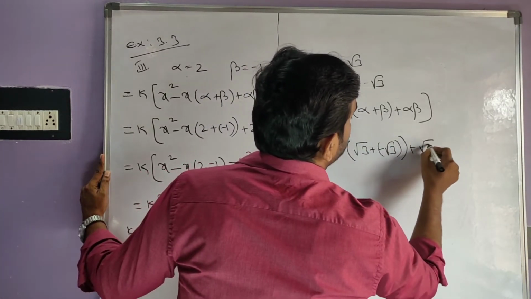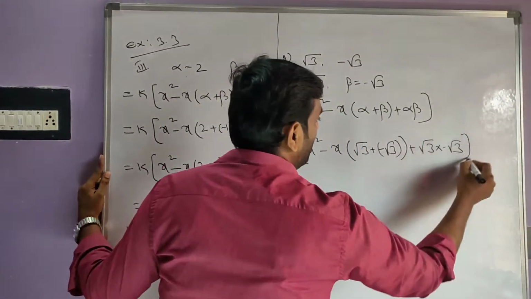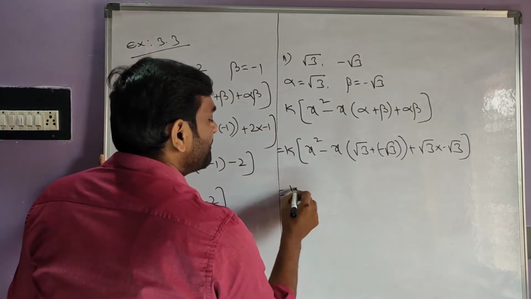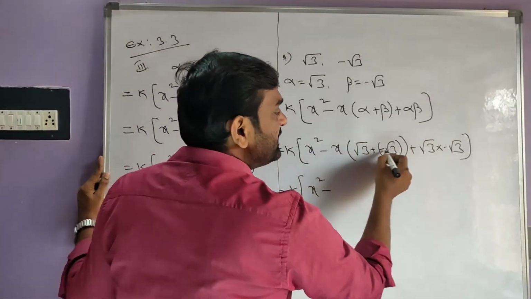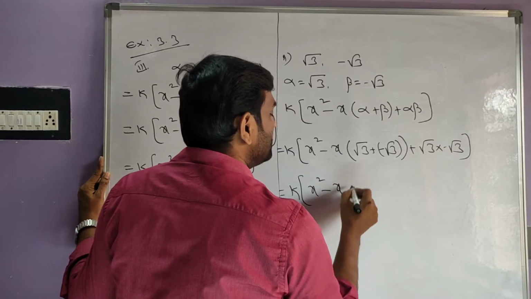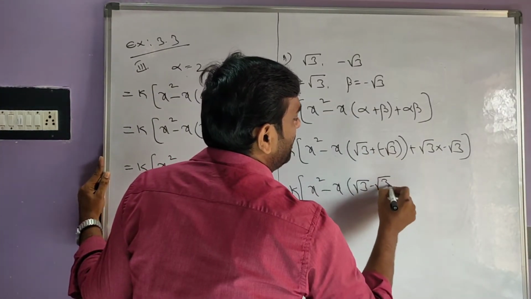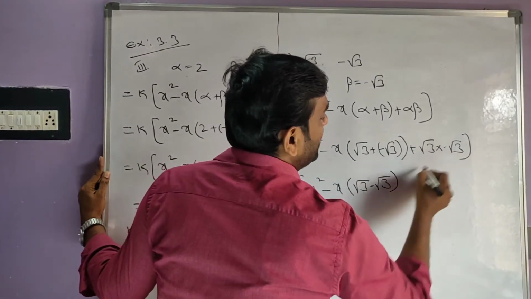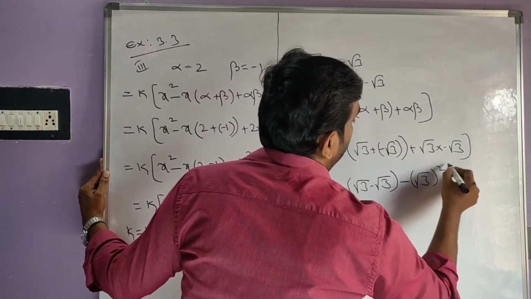Write down another step also: root 3 plus minus root 3, and root 3 into minus root 3 is minus root 3 square.